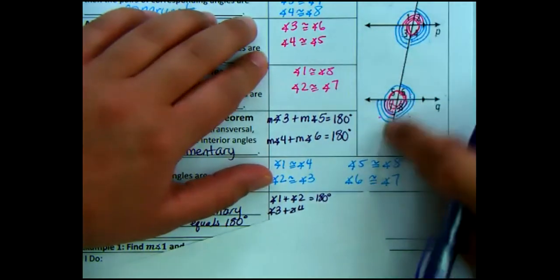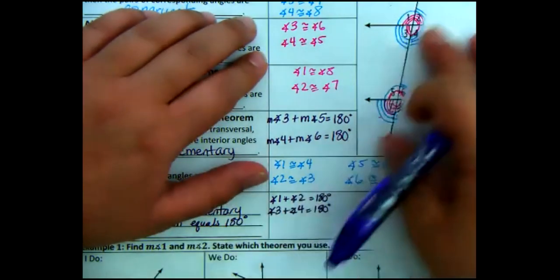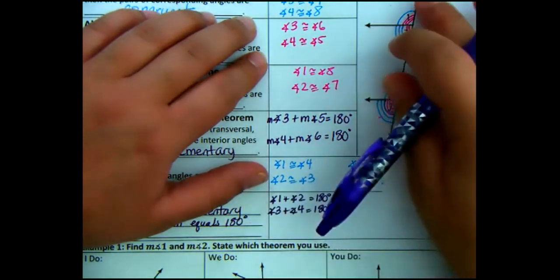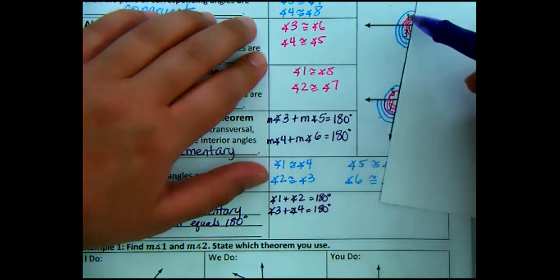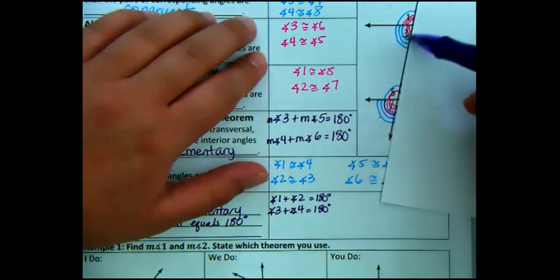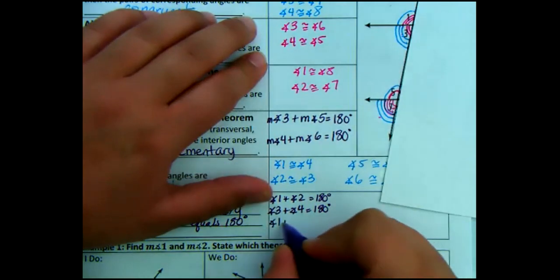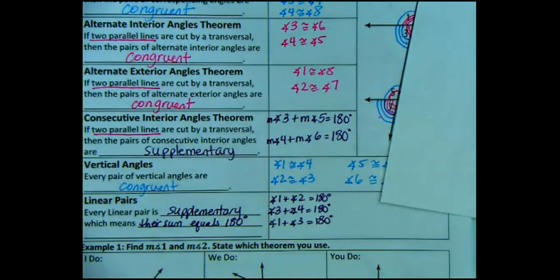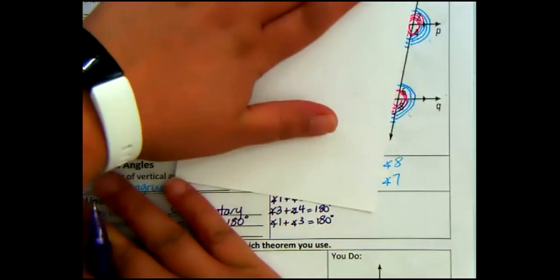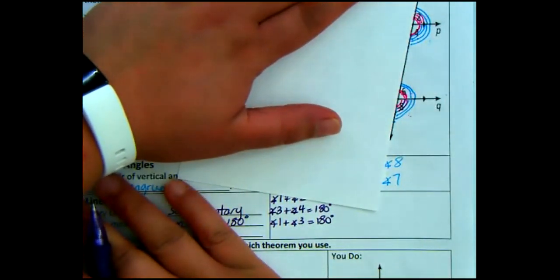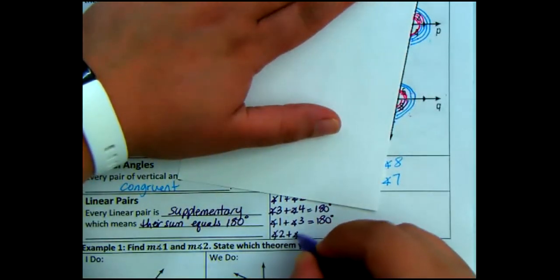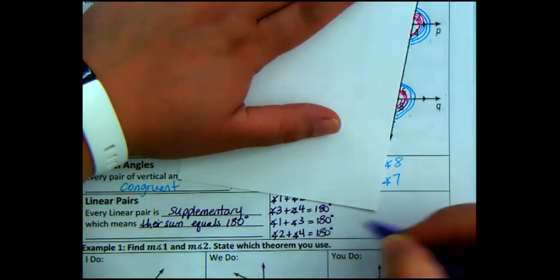We also have line T. So if I take a look at this pair right there, they also create a line with these two angles right here. So that means that angle 1 and angle 3 are also a linear pair. So angle 1 and angle 3 add to equal 180. And similarly on the other side of line T, angle 2 and angle 4. So that means angle 2 plus angle 4 equals 180.